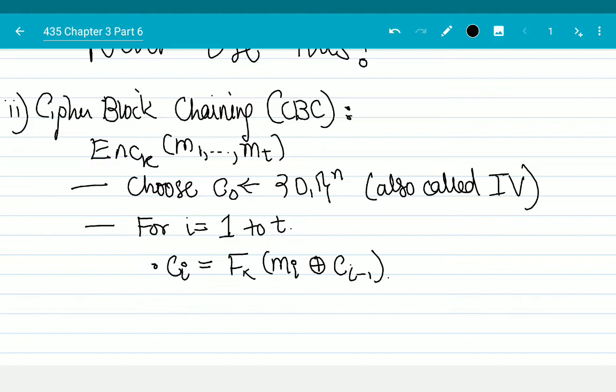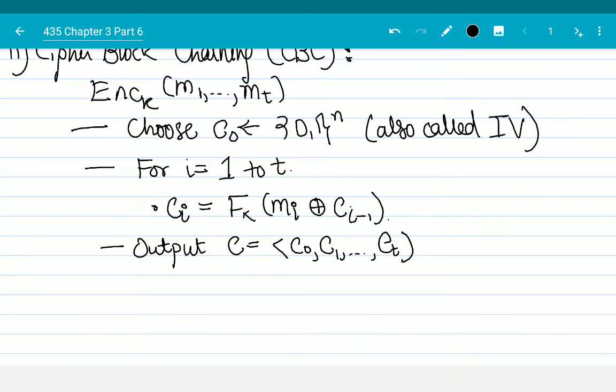And so your output ciphertext C is equal to c0, c1, through ct. A slight limitation on this is that it requires F to be invertible.